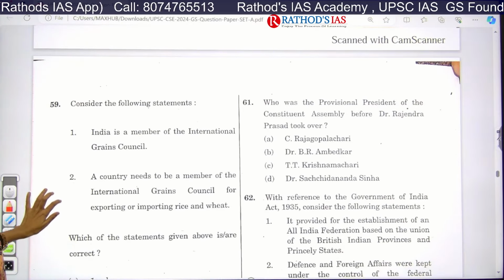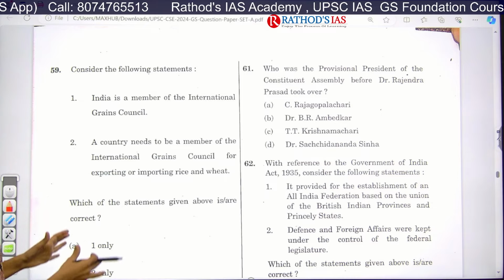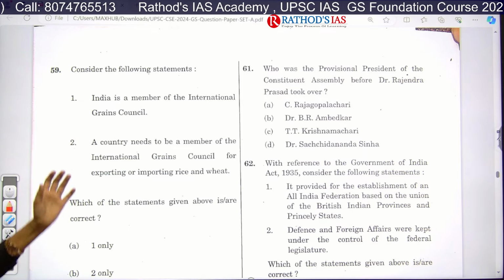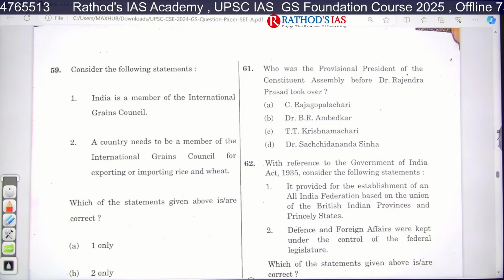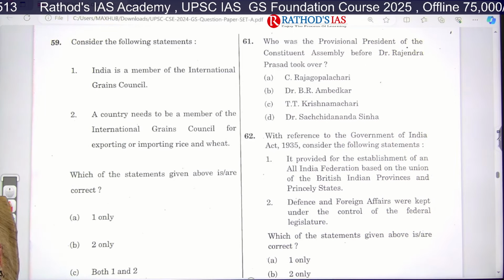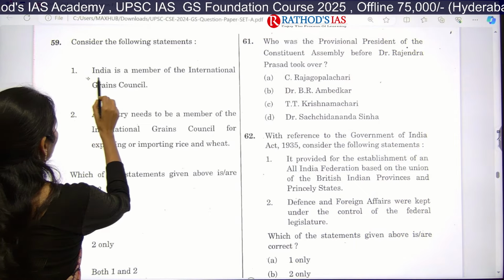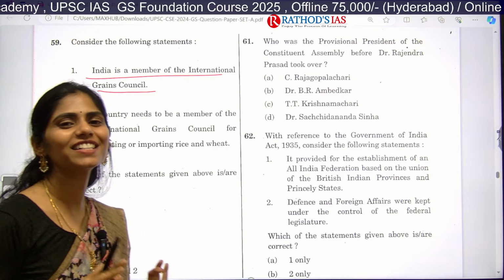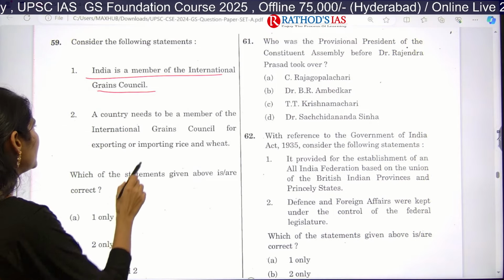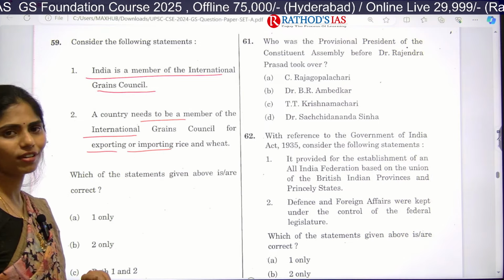And next one is the 59th question. Consider the following statements. So it is an unexpected question about International Grains Council. Many of you might have left this question, I think, but I will tell you a technique. First one is, India is a member of International Grains Council. Yes, of course India is a member. Next one is, a country needs to be a member of International Grains Council for exporting or importing of rice and wheat.